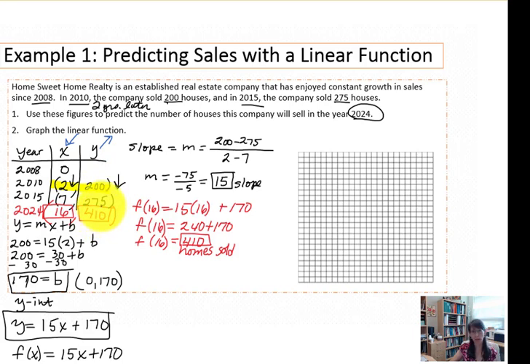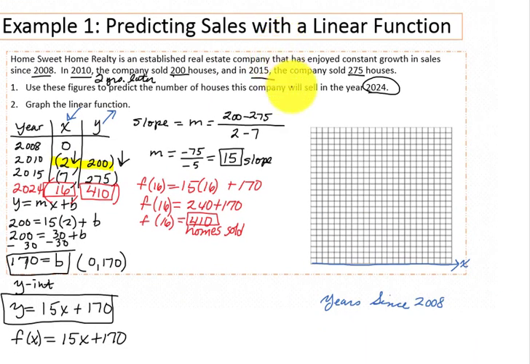Again, only positive or 0 would make sense. So we can use the very edges of our graph. X would be years since 2008, and our other axis is going to be f of x, which represents the number of houses sold. So do be sure to label each axis with the appropriate variable.